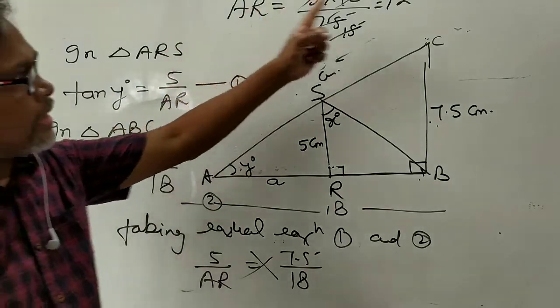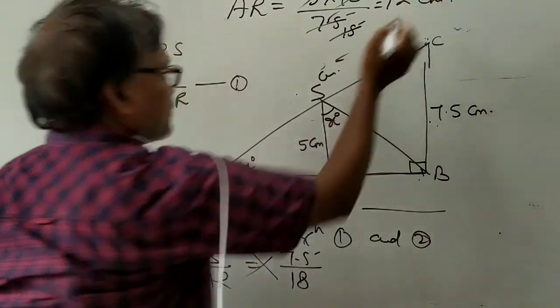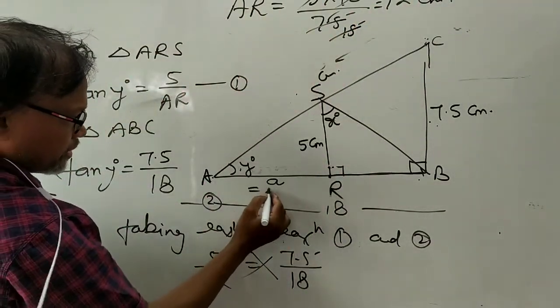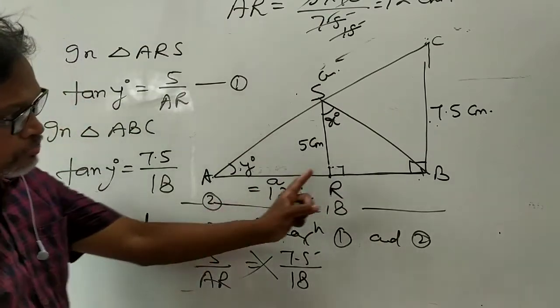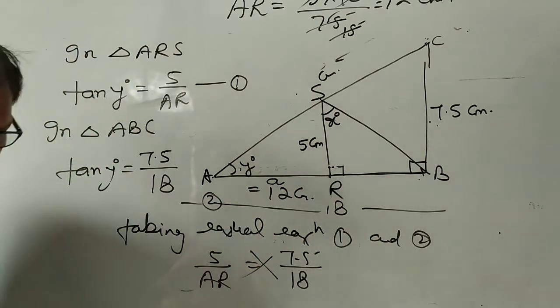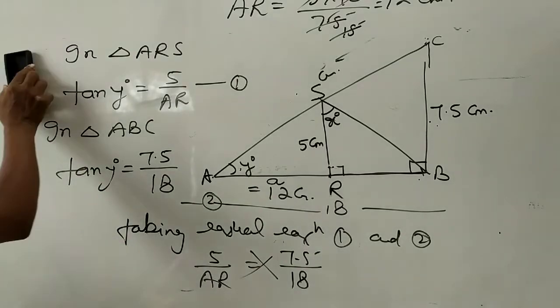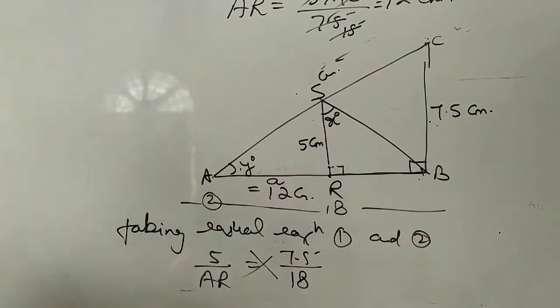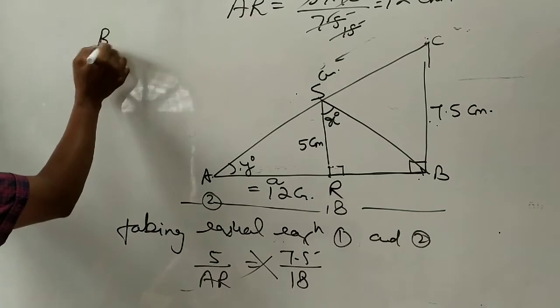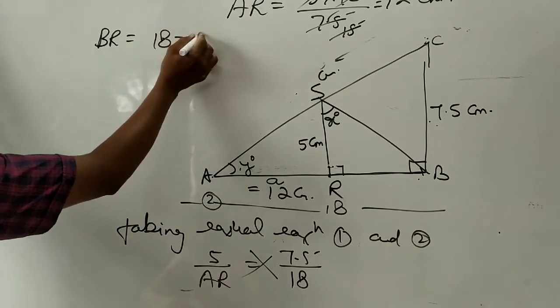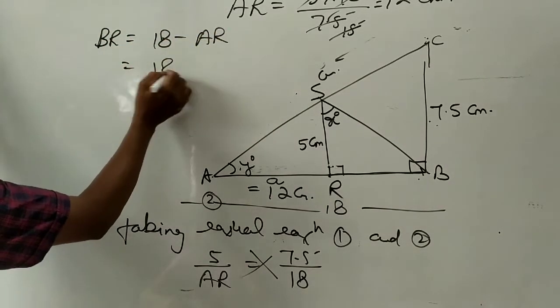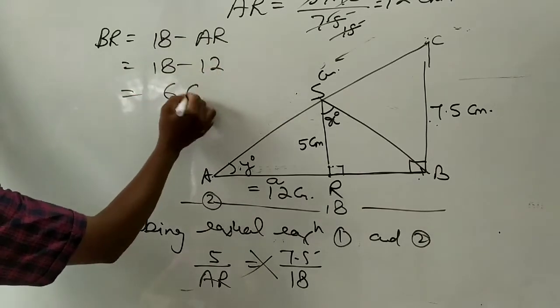Okay, so AR is equal to 12 centimeter. If this is 12 centimeter, so what will be the BR? The BR is equal to 18 minus AR, means 18 minus 12, that is 6 centimeter.